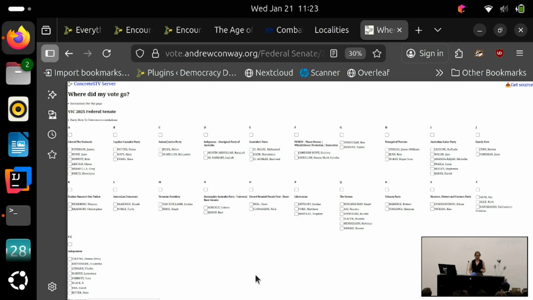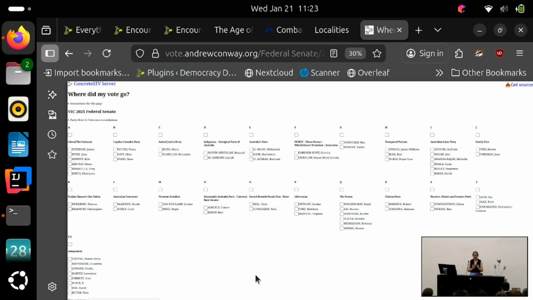But you might be a little bit surprised when you actually try to play with it. So the aim of this website is to show you exactly what happened to your STV vote in the context of exactly the votes that we know we got in that particular Senate election.